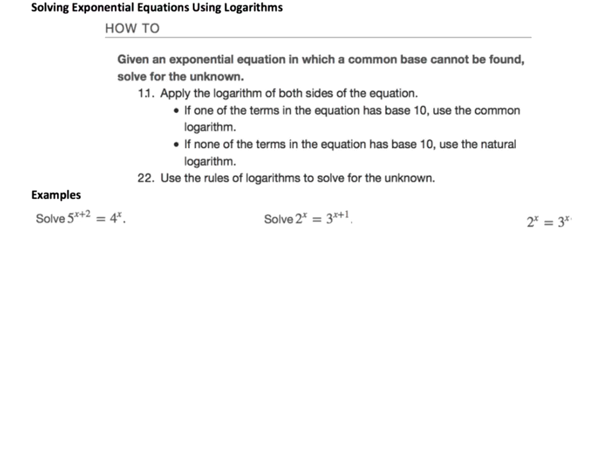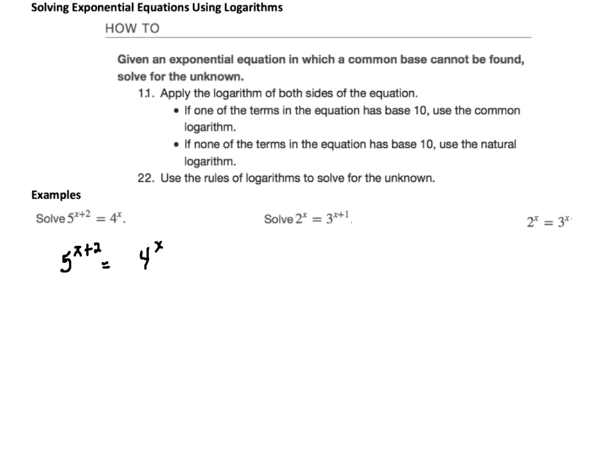What we do is we start out with our exponential equation, 5 to the x plus 2 equals 4 to the x. You can see there's no way to write those two sides of the equation as like bases. So that's why we have to have other methods of solving these things.